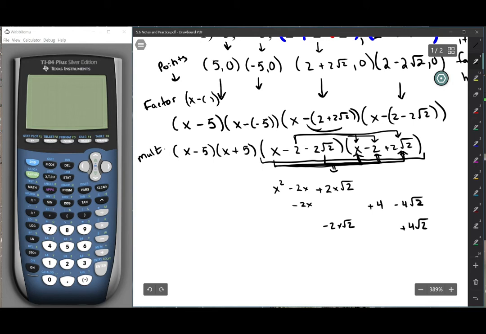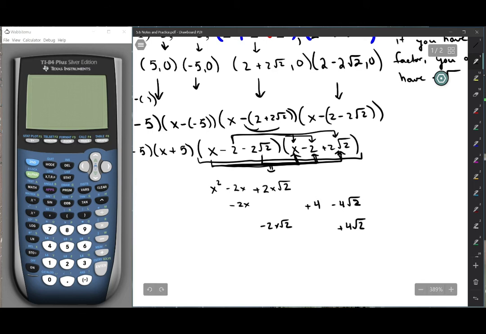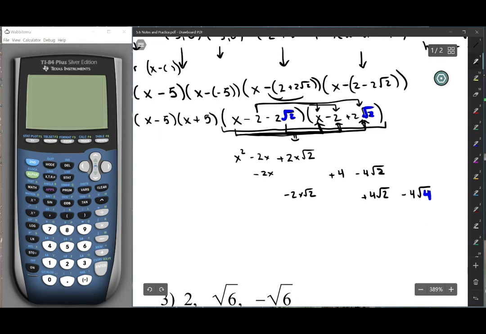And at the end, negative 2 roots of 2 times positive 2 roots of 2 is minus 4 roots of 4. Remember, root of 2 times root of 2 would be root of 4. Some magic is going to happen here. I know it looks nasty, but just trust what's going to happen.